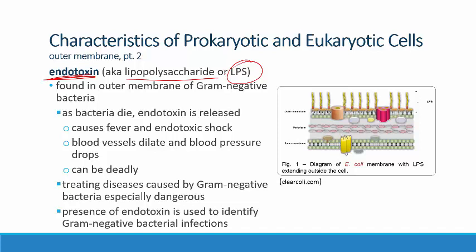Lipopolysaccharide, or endotoxin, is found in the outer membrane that's associated with gram-negative bacteria. And as the bacteria are killed, or as they die naturally, this lipopolysaccharide material is released from the membrane. And when it gets into the blood and then distributes through the body, it can cause a number of very, very dire outcomes, especially if it's in high concentration in the body.